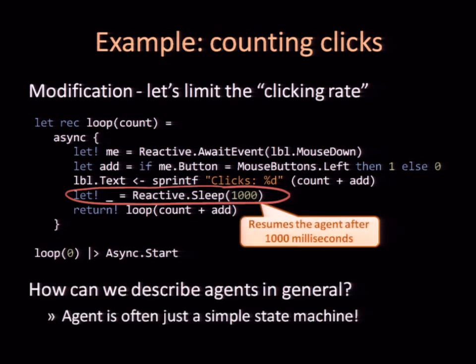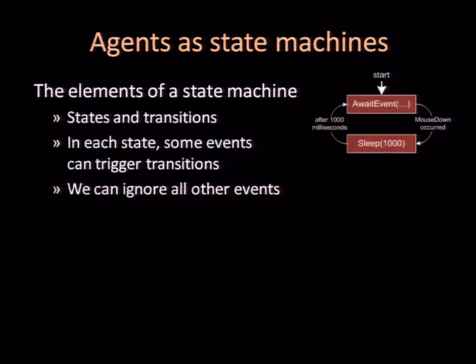So the problem is, how can we easily describe agents like this? What's the mental concept for writing agents? And I think the important point is that the best way to think about agents is as a state machine. So the previous example was just a state machine with two states. The agent starts, and then it waits for the event. Then when the event occurs, there's a transition into a second state where it waits for something else.